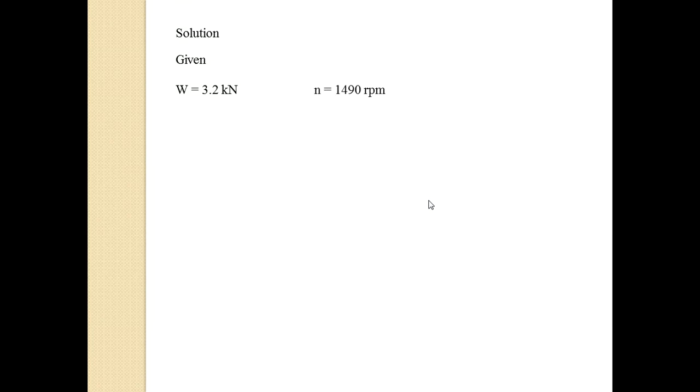Next, speed is given, 1490 RPM. Diameter D is 50 mm. L is 50 mm. Clearance C is 0.05 mm. Again, coefficient of viscosity Z is given as 25 centipoise.